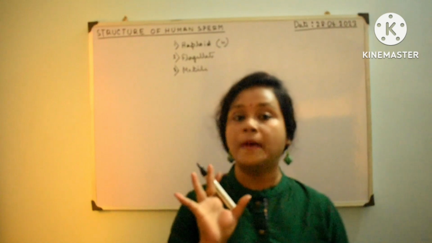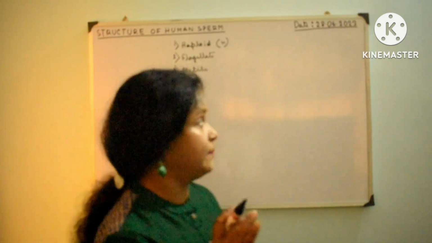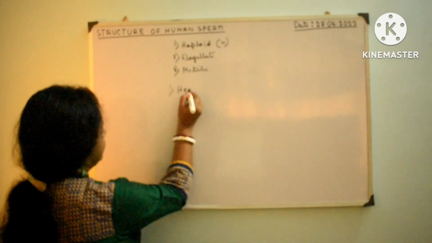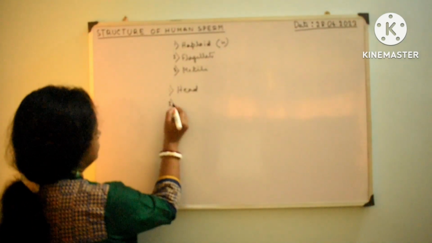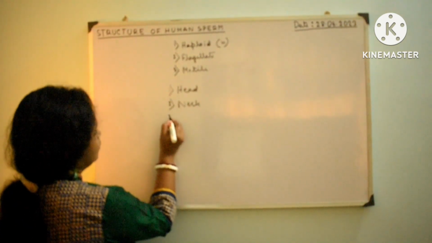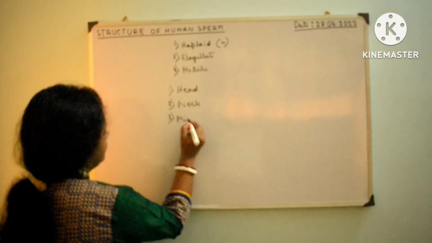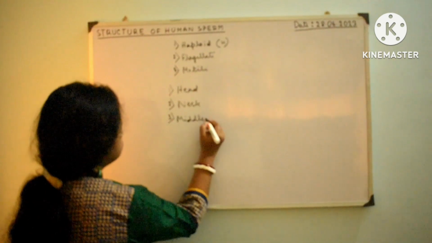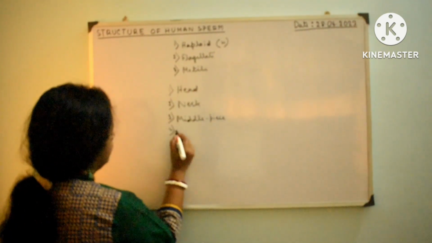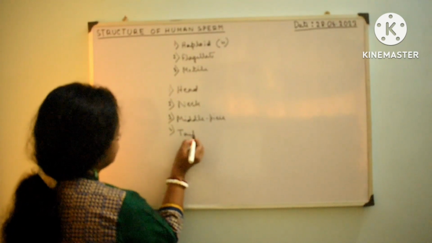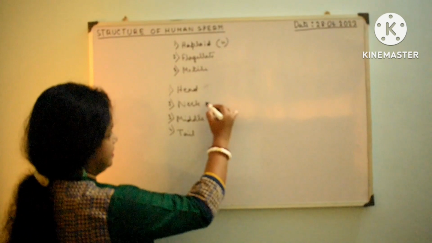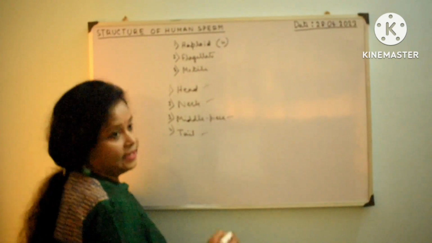There are 4 parts in a human sperm: first is the head, second is the neck, third is the middle piece, and fourth is a long tail.